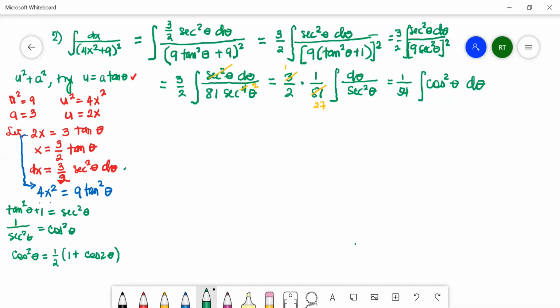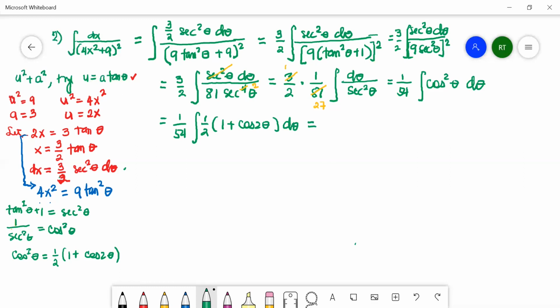We need to use the half angle identity for cosine, and cosine square of theta is 1/2 of 1 plus cosine of 2 theta. Therefore, we have 1 over 54 times the integral of, we replace cosine square of theta by 1/2 of 1 plus cosine of 2 theta, times the differential of theta.